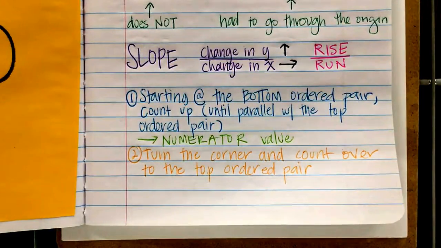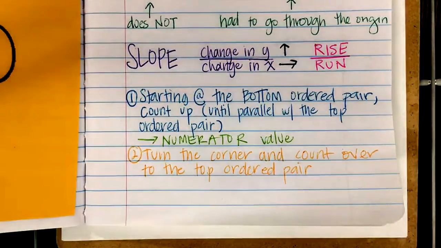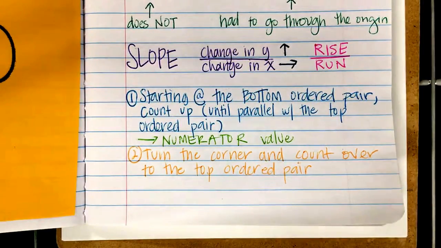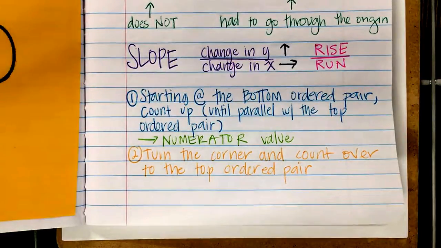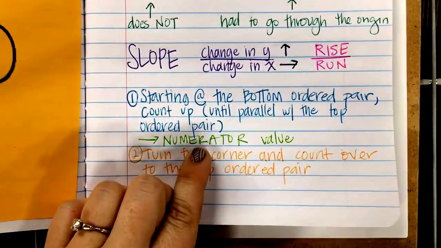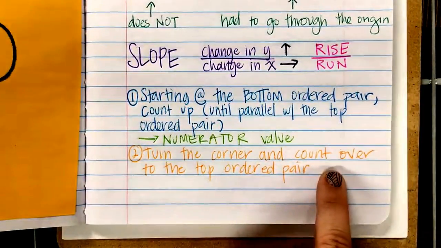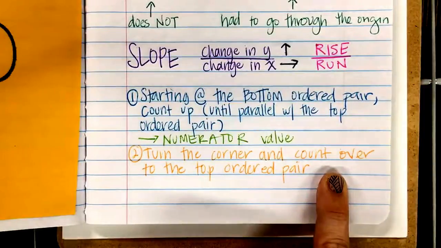And you're going to stop counting up when you're even or parallel with the top ordered pair. 1, 2, 3, 4, however many. That number that you just counted up is your numerator because it was the y. It was vertical. You're going to turn the corner now and count over to the top ordered pair.